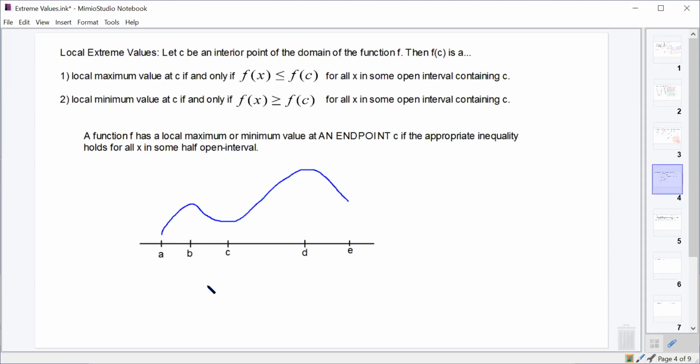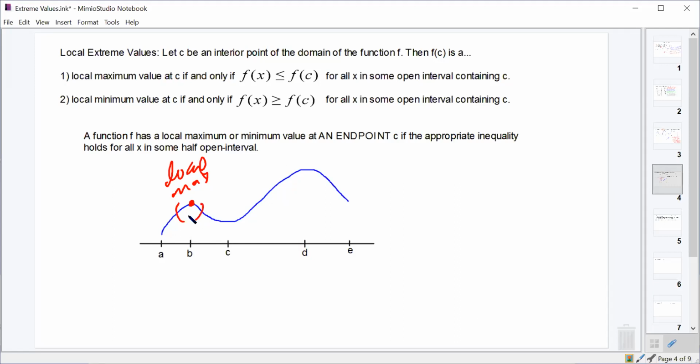Okay. So we would say that B is a local max, right? Or not B, but the value at B is a local max because on some open interval surrounding it, it's the largest point, right? Not on this open interval, right? But some open interval.